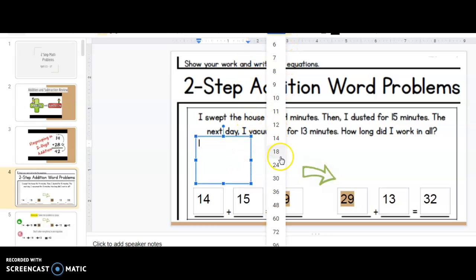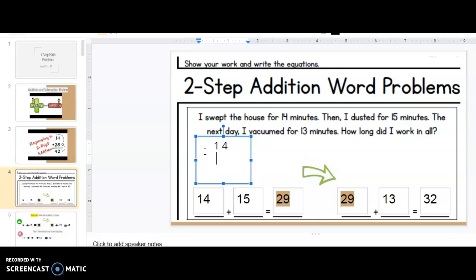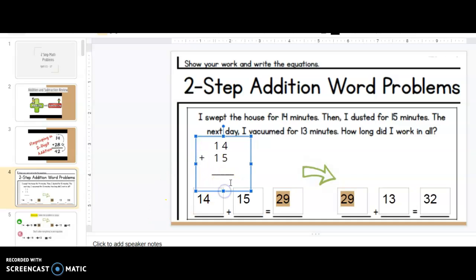Let's make the font a little bigger. On your paper, you're going to write the 14 on top. You're going to write a plus sign because we're adding, and you're going to write 15 on the bottom. And for the equal sign, it looks like a line like that.